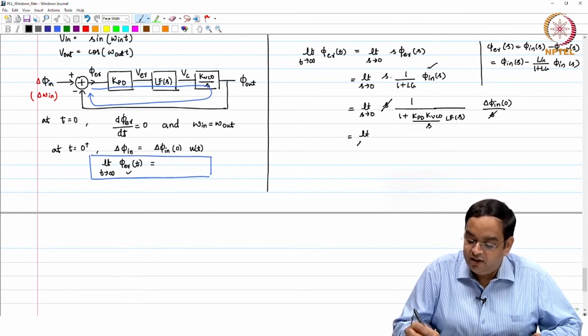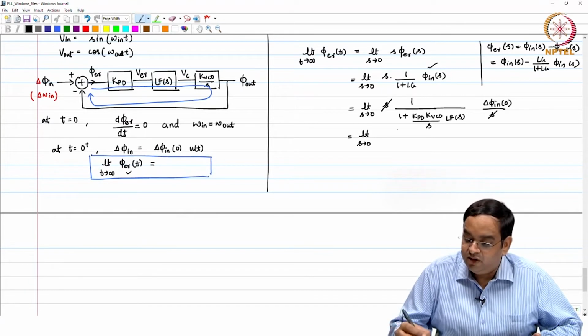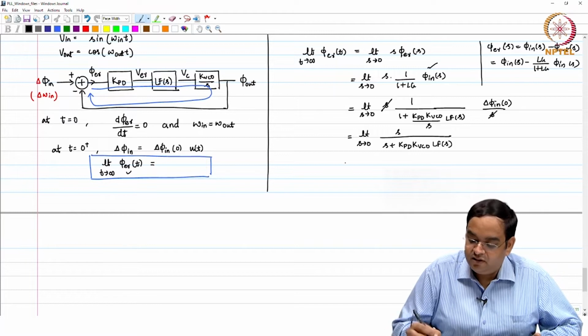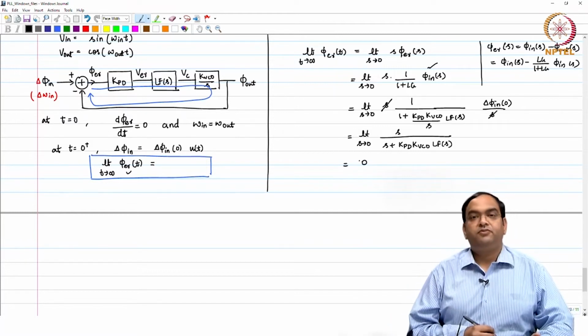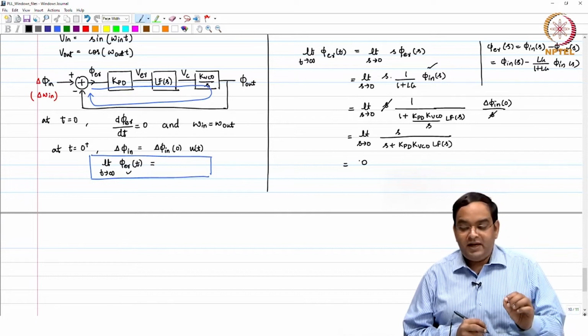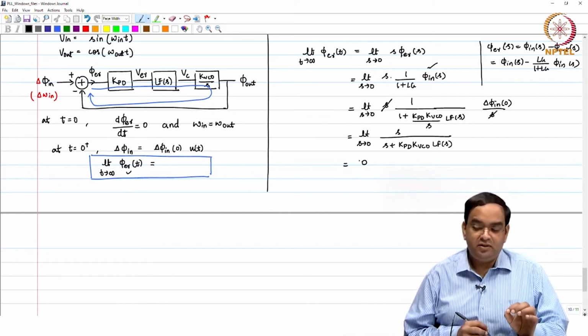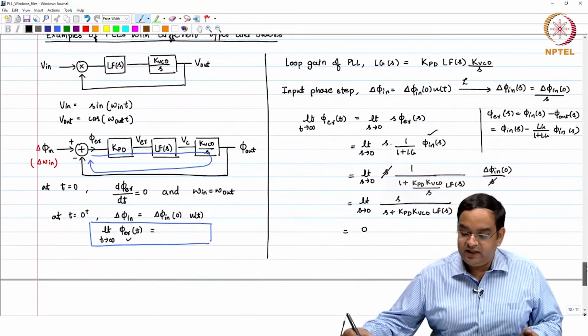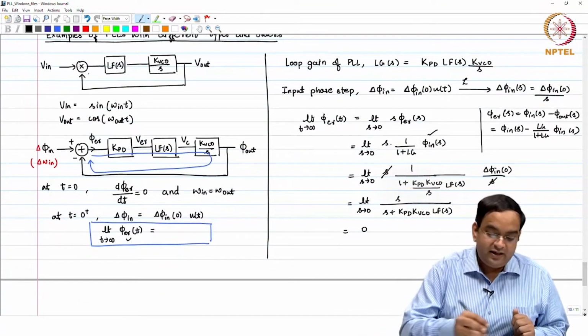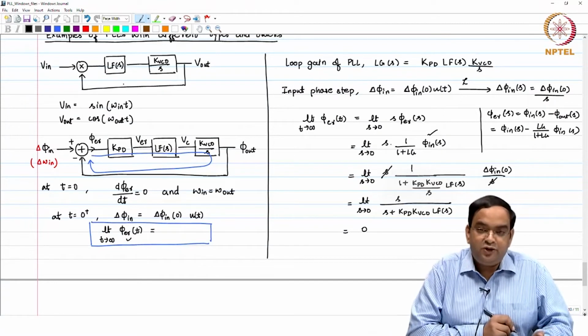Let me rewrite in a different form: S divided by S plus Kpd KVCO times loop filter of S. So, what you get here is 0. You applied a phase step input, and in steady state you found that the error is going to be 0.